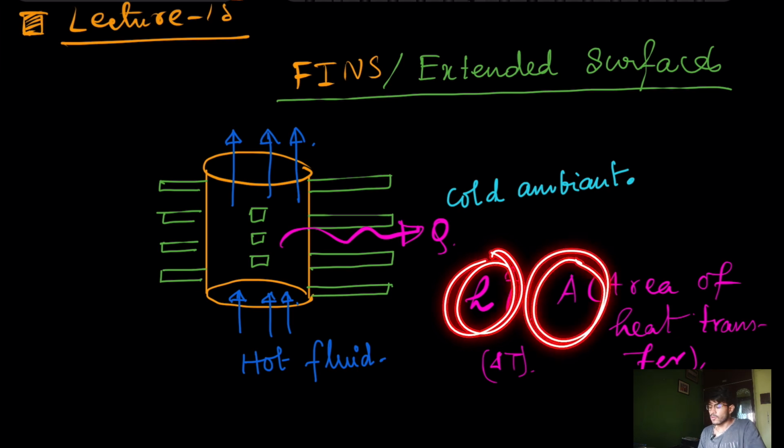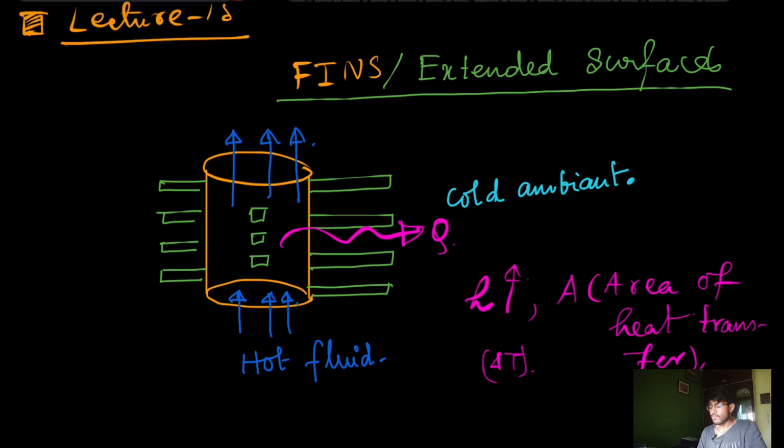Now h you can control, obviously. If it is natural convection, you don't have any external power source to augment the convection. The second case can be that you have a fan here, so you have air flowing around this cylinder.